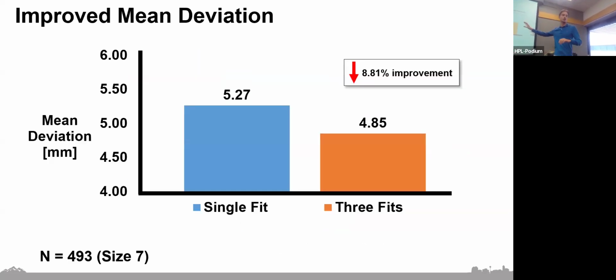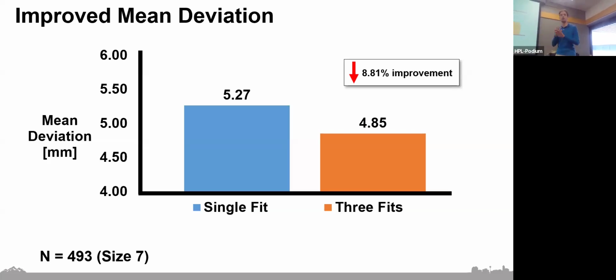And now the comparison I've shown here is what would happen if we took the single average foot shape for the population and created a skate out of it. And that's effectively what the footwear industry does. So if we take all of the foot shapes in a separate validation data set and calculate how well the single average fit, and then the 3 generated fits, fit the population with the mean deviation, and then average that across all scans in this new validation data set, we can see that the 3 fits improves the mean deviation, right?